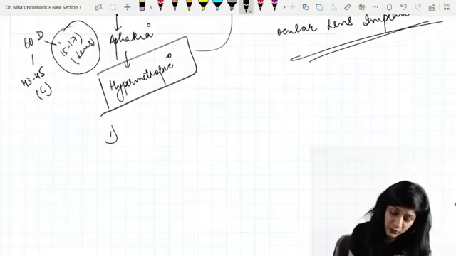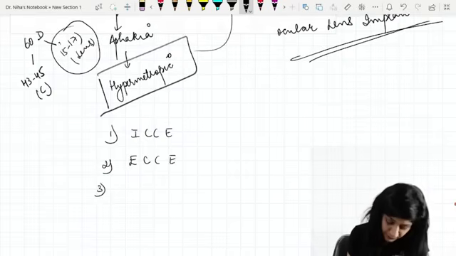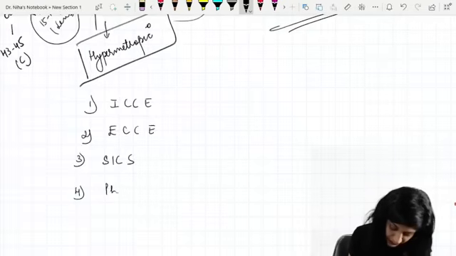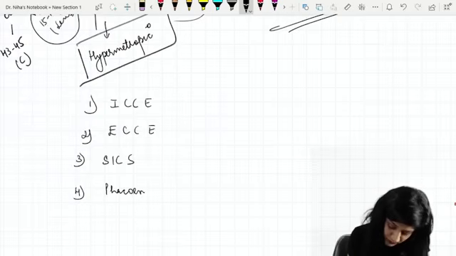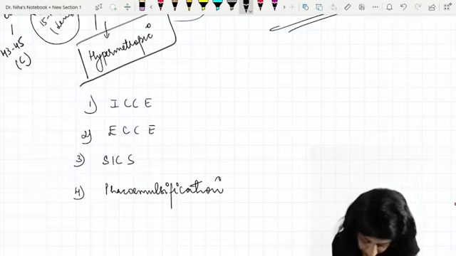We can do ICCE, we can do ECCE, then we can do the SICS, and then number 4 is the phacoemulsification. So these are the 4 major types of surgeries that we can do.